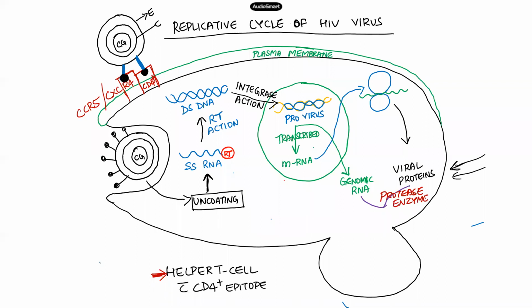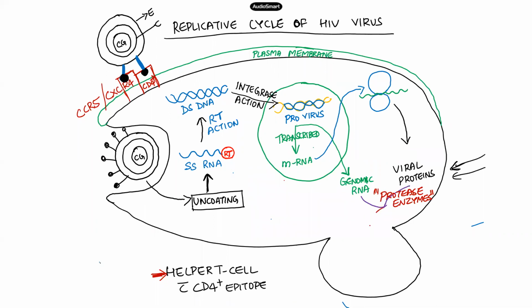And these protease enzymes initiate a process of maturation in which they cleave the newly formed polypeptides or proteins into functional structural proteins and viral enzymes. Right. And the resultant mature virion then buds out to infect the other susceptible cells until eventually the immune response fails. So this particular protease enzyme is responsible for the maturation and the formation of structural proteins of the HIV virus and also the different viral enzymes, which are your integrase, protease, and reverse transcriptase.